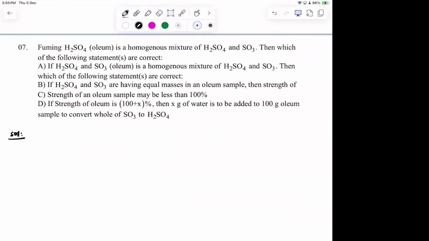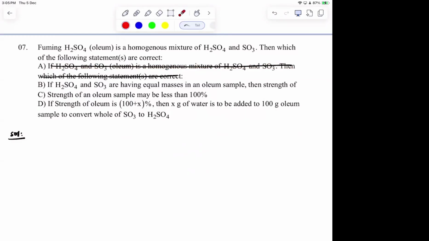If H2SO4 and SO3 is a homogeneous mixture, then which of the following statements is correct? Sorry, I think A has something wrong with it, so remove that. Let's check out B here.